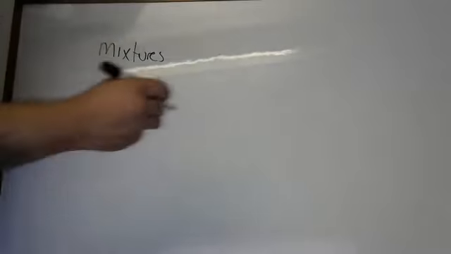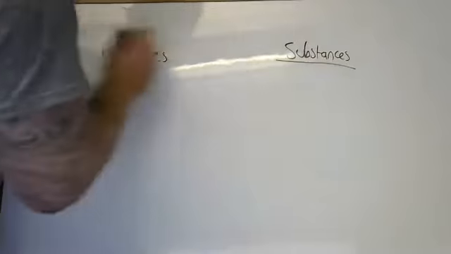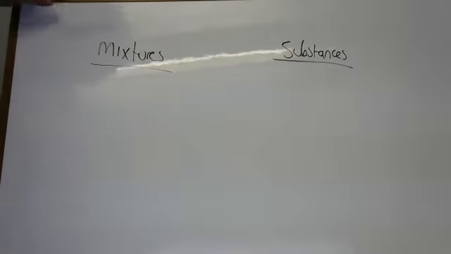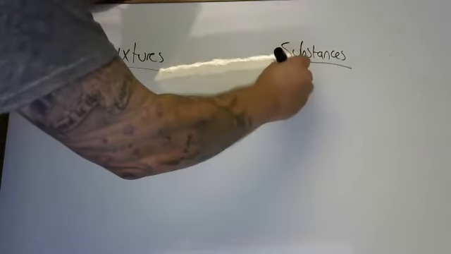So we have mixtures and substances. So, if the composition of a material is fixed, it is a substance.